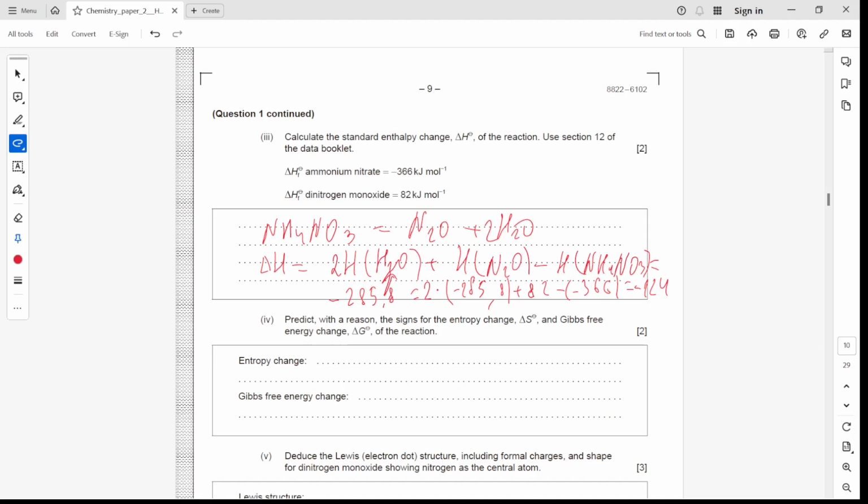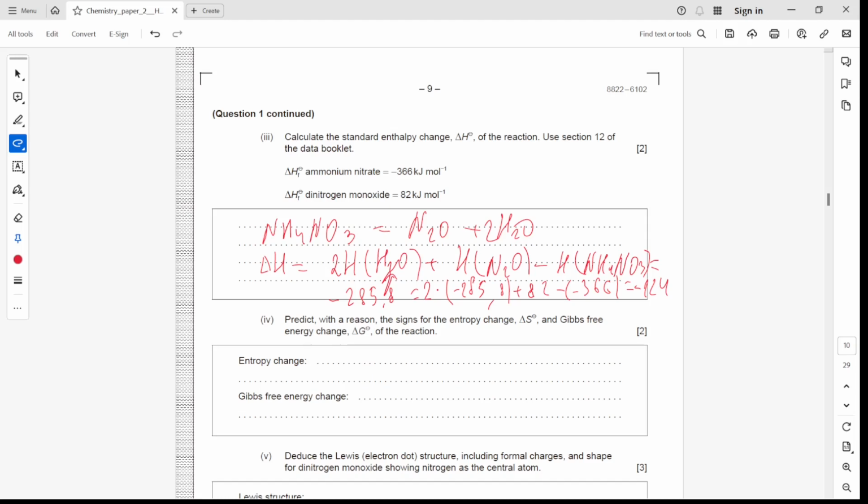Predict sign of entropy and sign of Gibbs free energy. So we can see that, okay, nitrogen monoxide is a gas and ammonium nitrate is not.